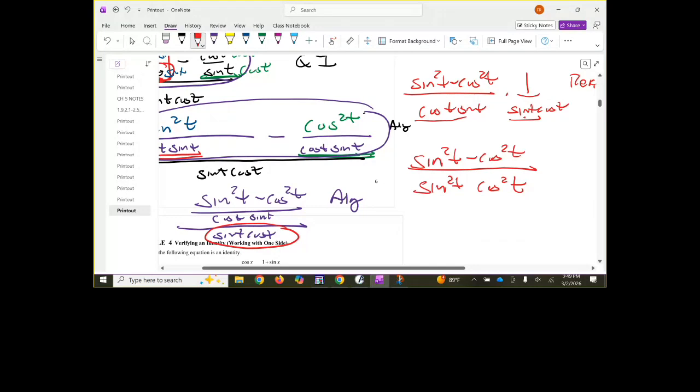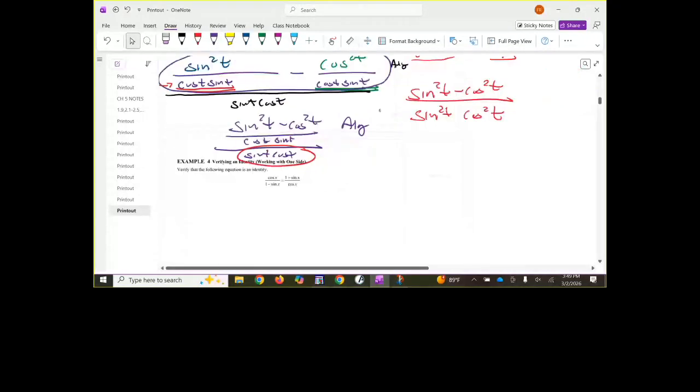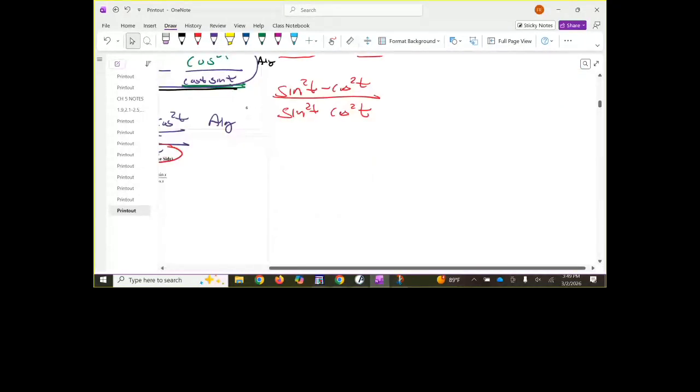Let me come back to the original problem, y'all. In my original problem, we're trying to get to a secant squared theta minus a cosecant squared theta. I'm going to go ahead and separate my fraction again.